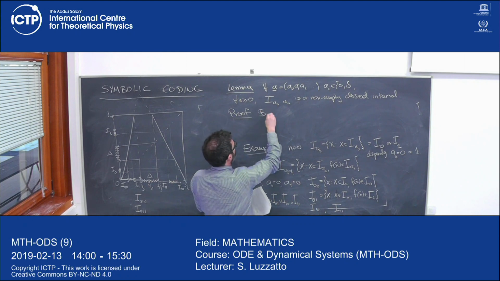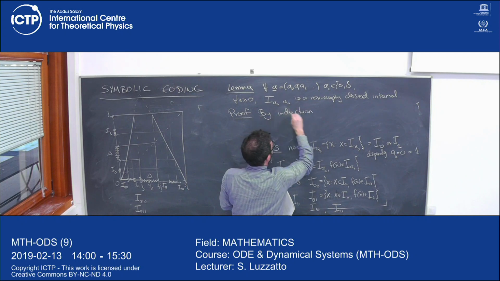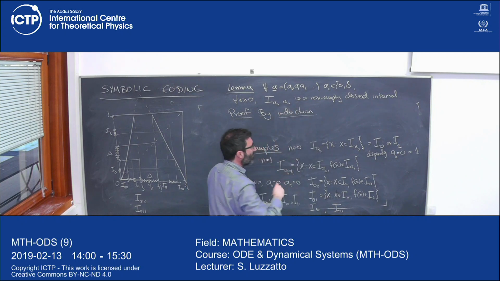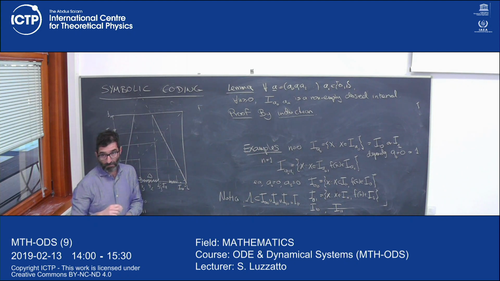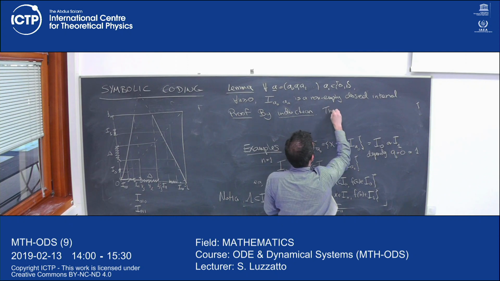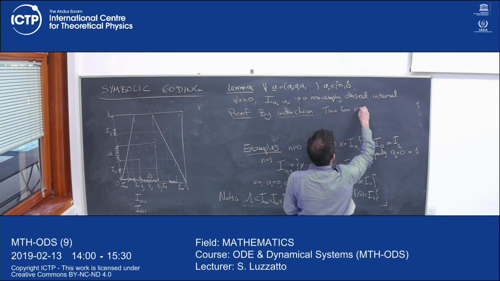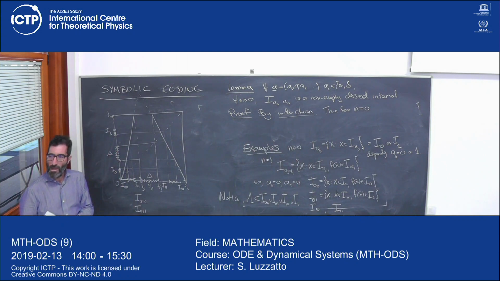So, by induction, what do we have by induction? So we verify it for n equals 0. And for n equals 1 also, we checked it kind of directly, okay? And what is the inductive assumption?